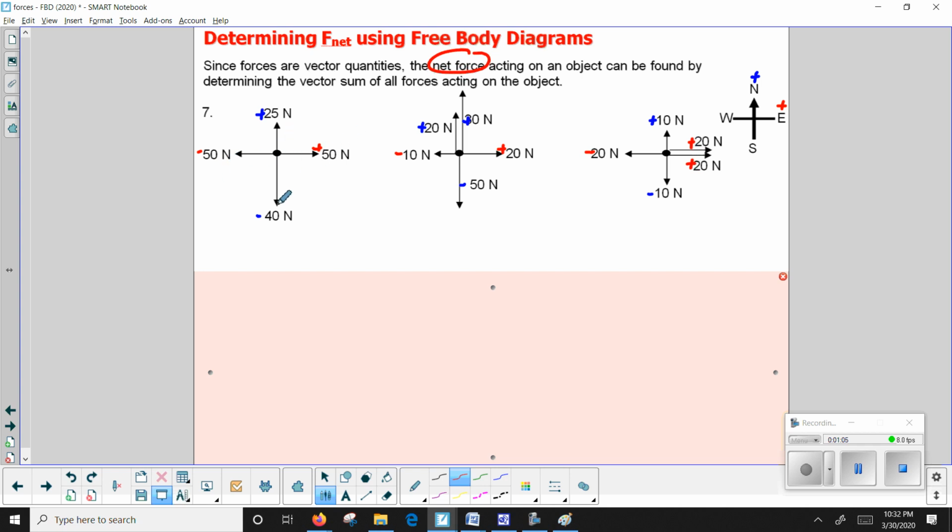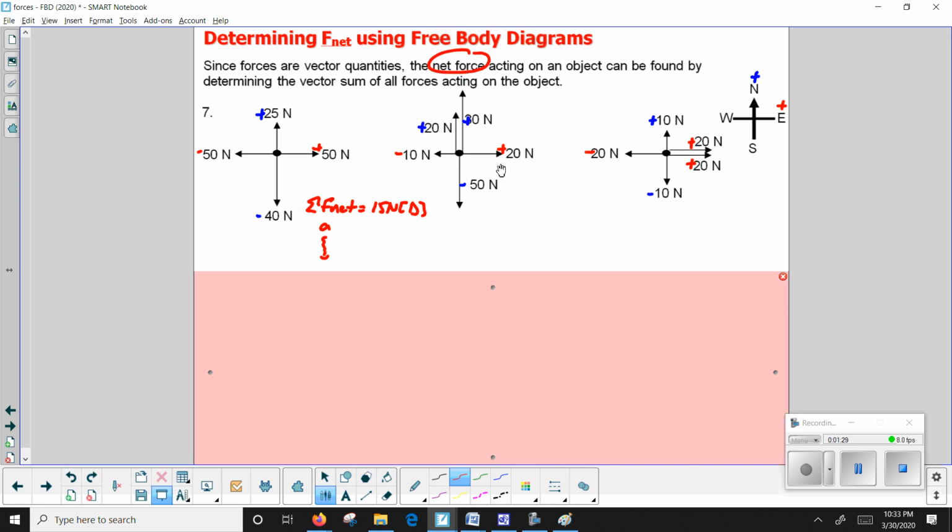Here, my forces are going to be 40 and 25, which gives me an overall force of 15 downwards. So the sum of the forces for the first one is going to be 15 newtons down, or negative 15 newtons if you wish. And that means that this object is going to be accelerating southward as a result.